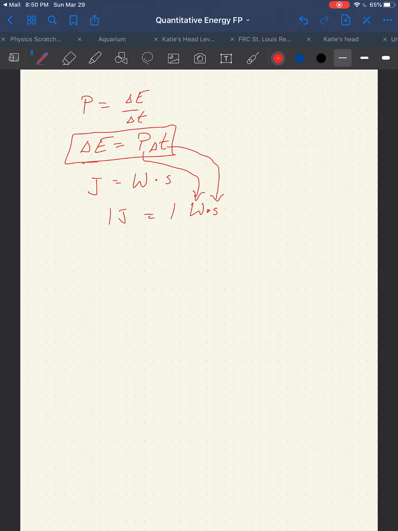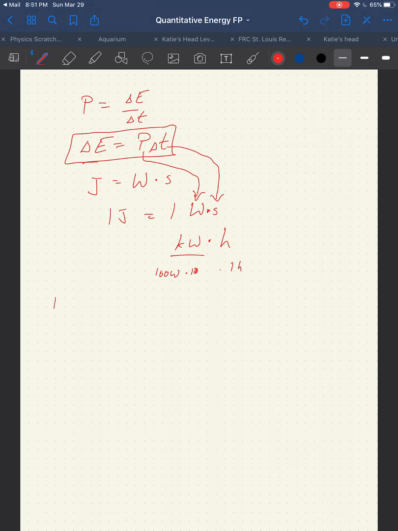So in SI units in a science class, you would measure your power in watts and your time in seconds. But to be more practical in your home, you measure your power in kilowatts, and you measure time in hours. So this would be like if you had, I don't know, 100 watt light bulb, and you had 10 of them. Okay, that would be a kilowatt of power that you're using up. And if you left them on for an hour, then that would be 1 kilowatt hour of energy that's expended by those 10 100-watt light bulbs that are on for an hour.